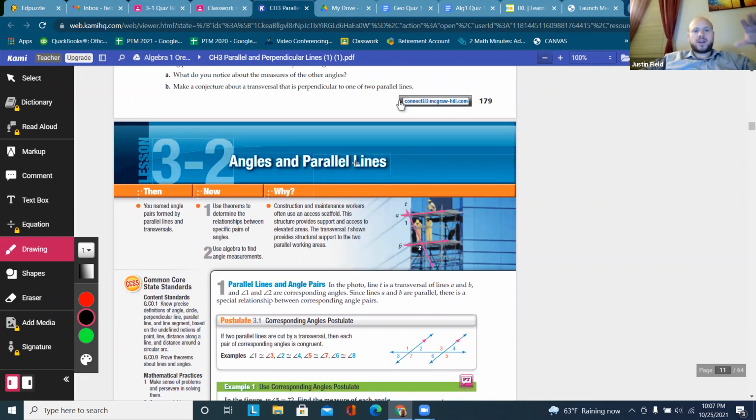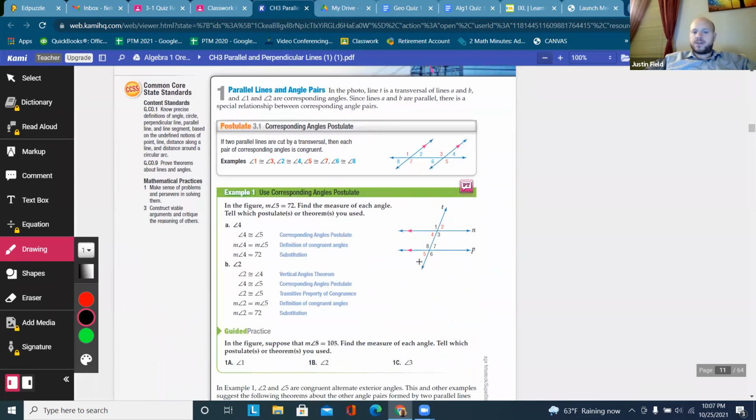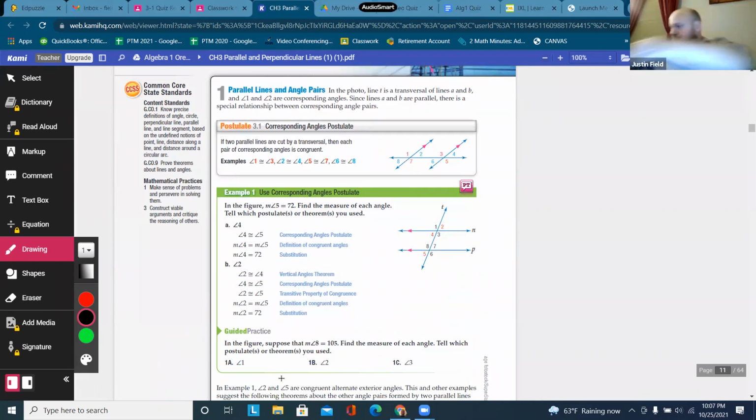All right, this week we should have textbook organizers for 3-2 and 3-3. Okay, so let's look. We have the corresponding angle postulate. So important. I don't know if I said that already. CAP. So we have corresponding angles, and we also have the corresponding angle postulate, CAP.